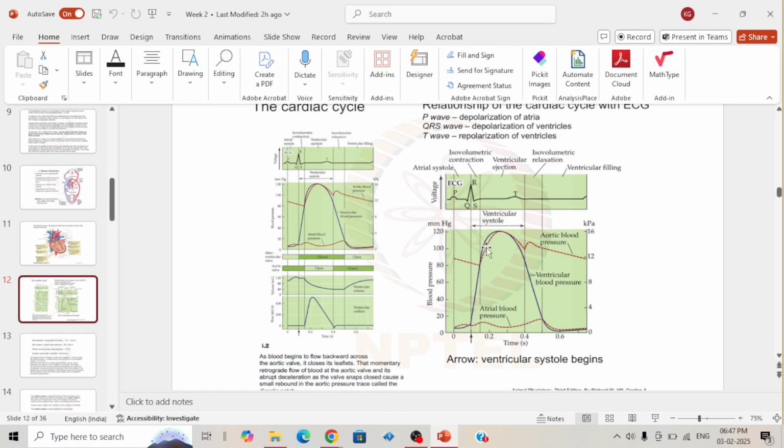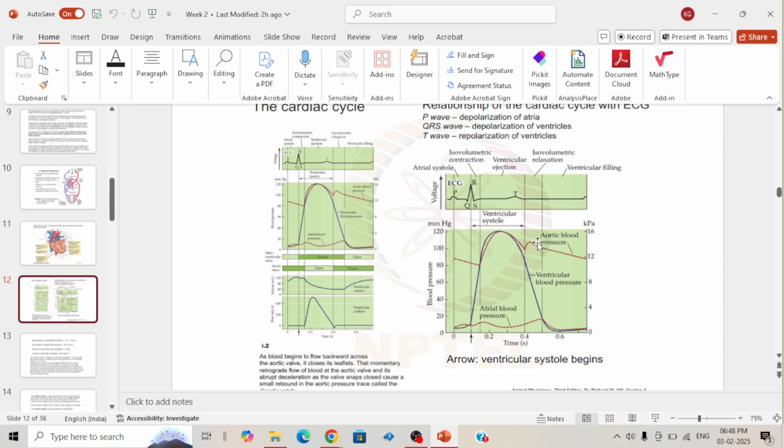It will contract till the pressure inside the ventricle reaches 120. One thing that happens here is, when the pressure reaches 80 mm of Hg, the semilunar valves open. The semilunar valves that are present on the systemic aorta open, and the pressure inside the ventricle keeps increasing until it reaches 120.